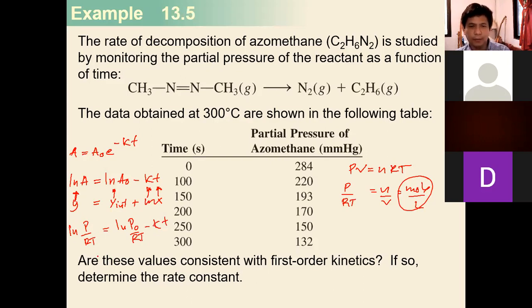We're going to plot time, which will be our x, and the ln of pressure, which will be our y. With the ln of pressure, we'll be able to get the K. Do you have any question? So this will be the y when we do linear regression.